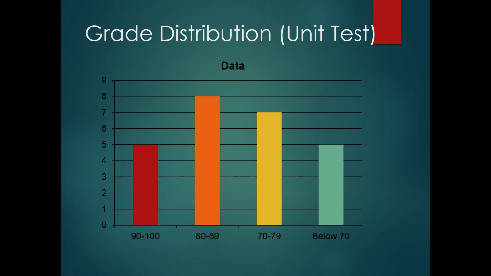And then in the middle, you'll see a majority that fell between the 70 to 89 mark. Roughly half of the students did that. However, 5 students did score below a 70, indicating a significant portion of those students did not demonstrate mastery of the content. And so this data suggests a need for improved instructional alignment as well as student preparation.